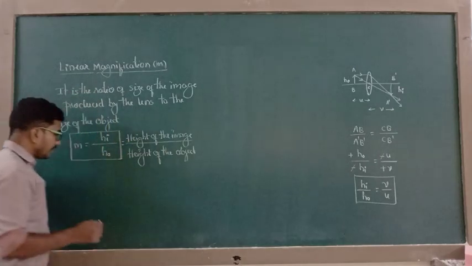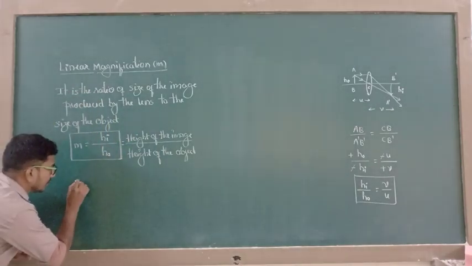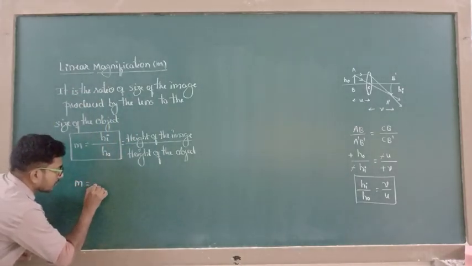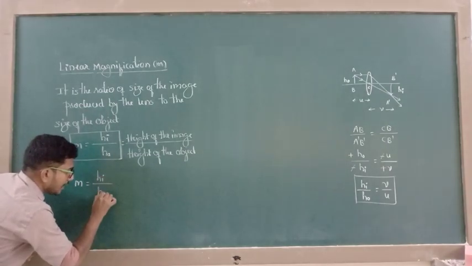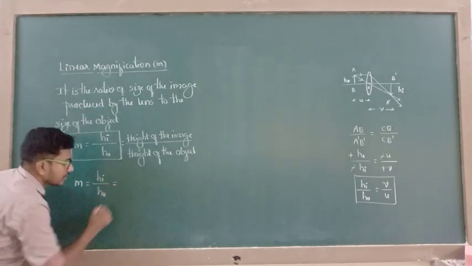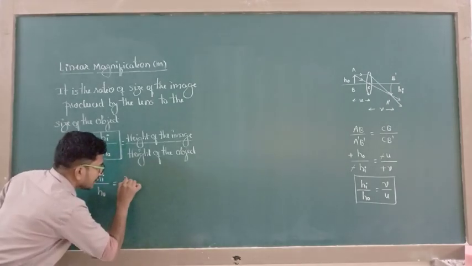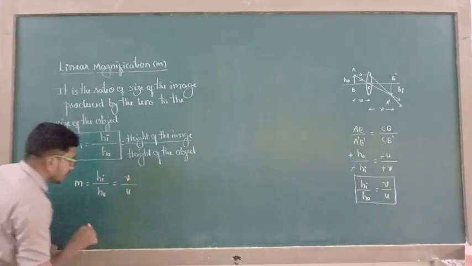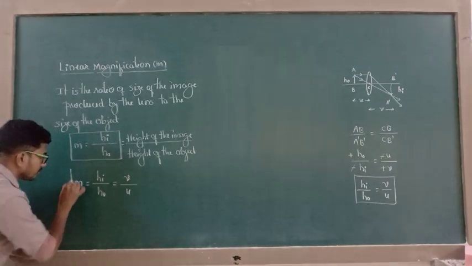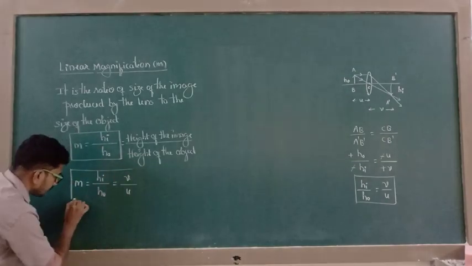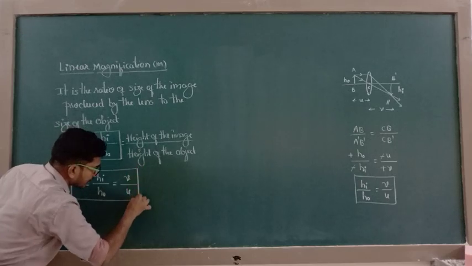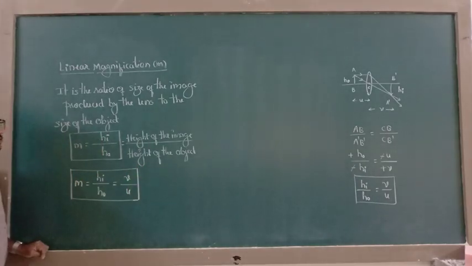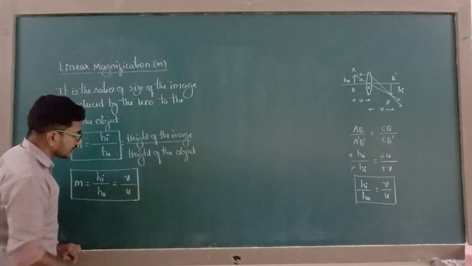Therefore, linear magnification is equal to height of the image divided by height of the object. This is equal to image distance divided by object distance. For 1 mark they may ask, write the equation for linear magnification in case of lens, in terms of object distance and image distance.